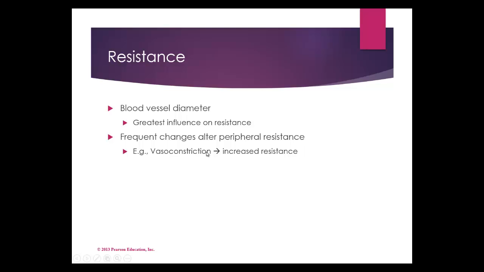So again, vasoconstriction would increase your peripheral resistance and increase blood pressure. That's why people who have narrowing arteries due to cholesterol deposits are going to have higher blood pressure as a result. Your textbook on page 700 does a nice job talking about atherosclerosis, the physiology behind it, and some of the consequences of having those narrowed vessels.